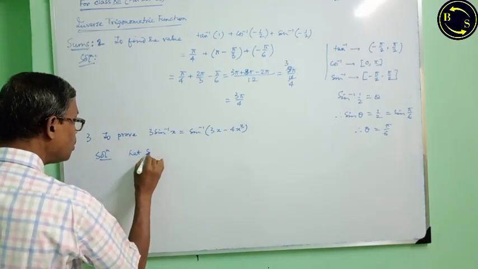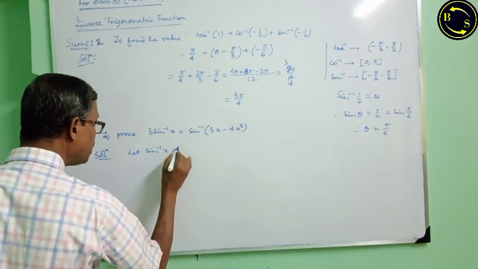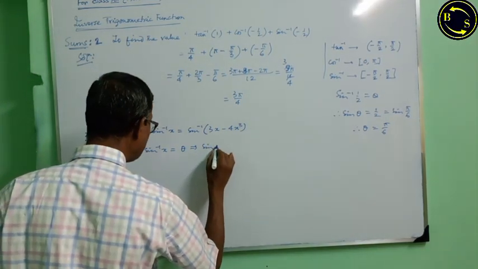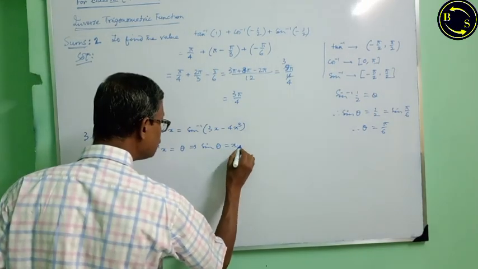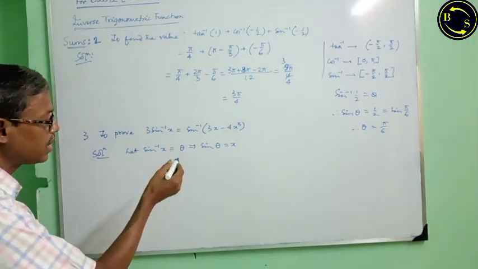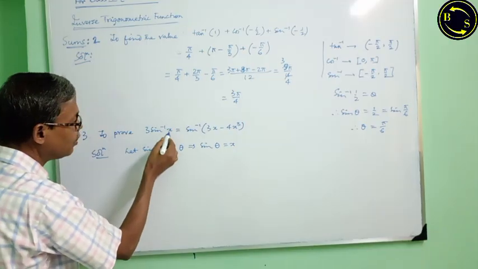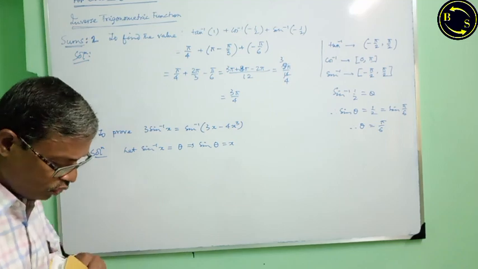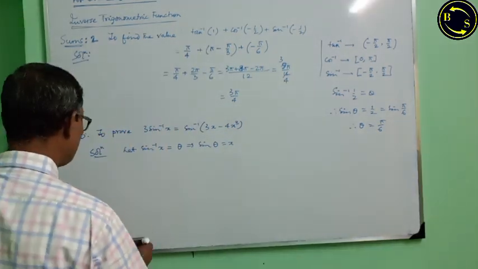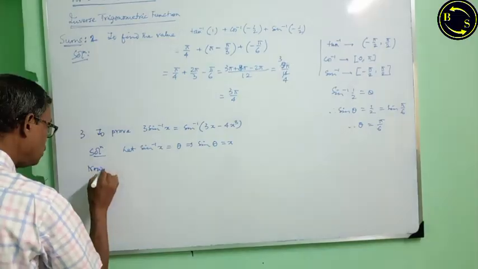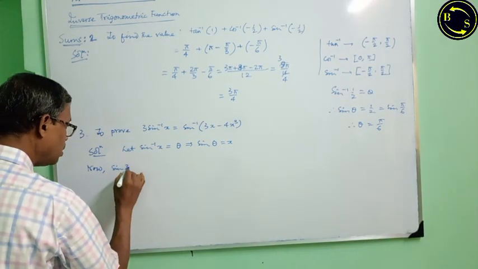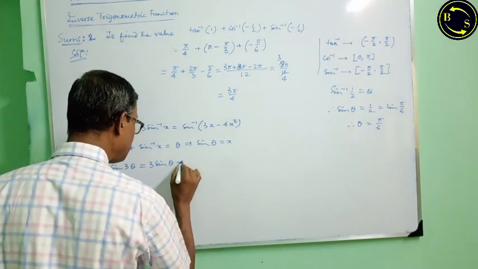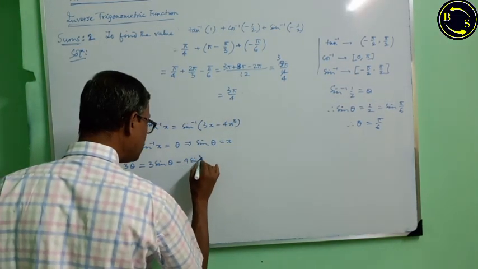Let sin inverse x equal to theta. Therefore, sin theta equal to x. Since it is 3 sin inverse x, that means in place of sin inverse x it is theta. Therefore, finally it is 3 theta. Therefore, we are to use sin 3 theta formula. Now, sin 3 theta equal to 3 sin theta minus 4 sin cube theta.